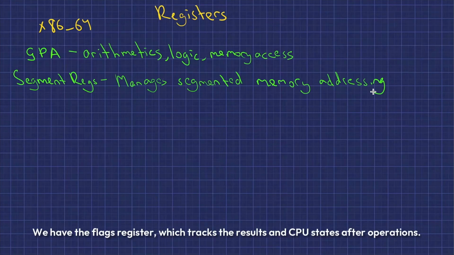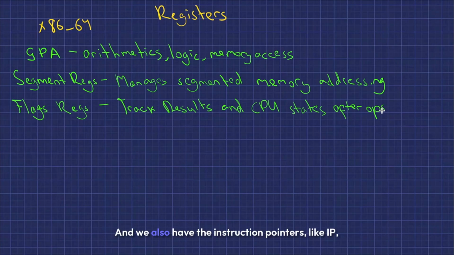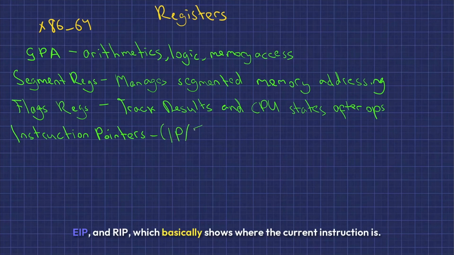We have the flags register, which tracks the results and CPU states after operations. And we also have the instruction pointers, like IP, EIP, and RIP, which basically show where the current instruction is.